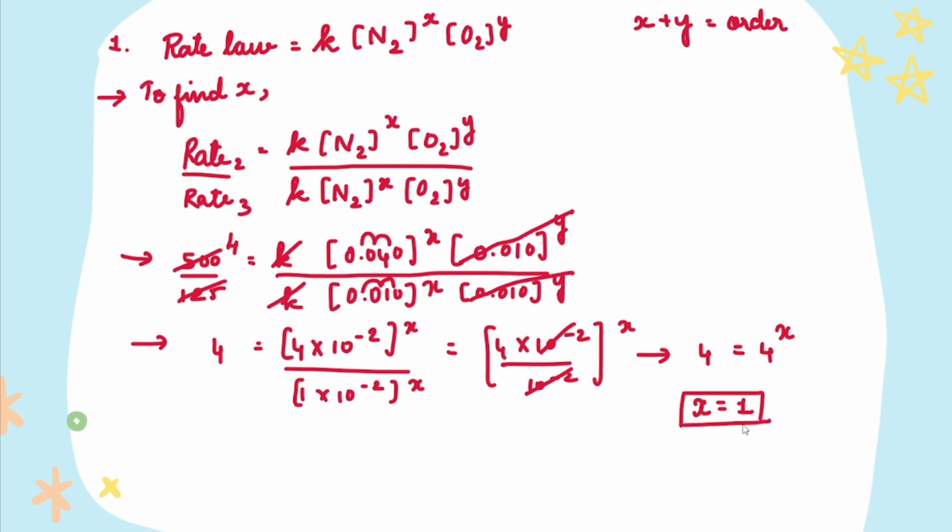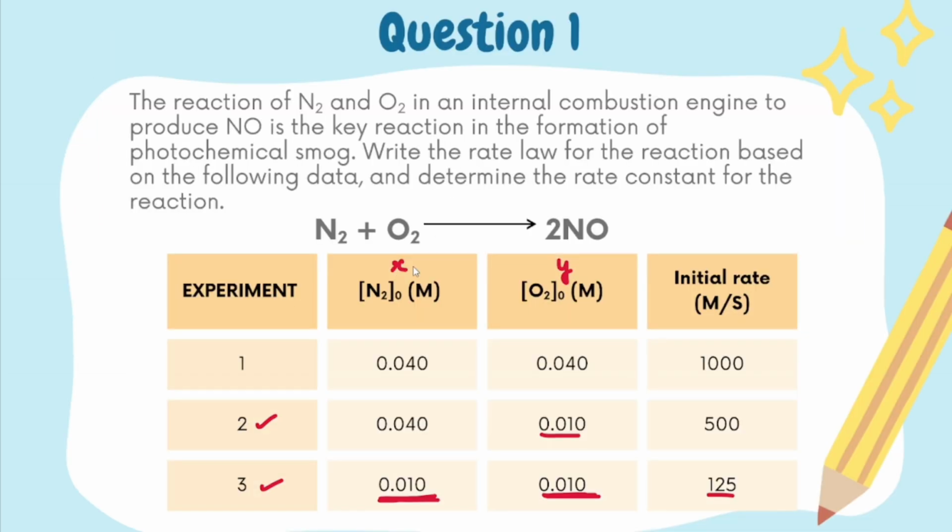The same way we are going to find the value of y. To find the value of y, we are going to consider any two experiments so that the values of x cancel. For example, if we consider experiments 1 and 2, the values of x are the same.